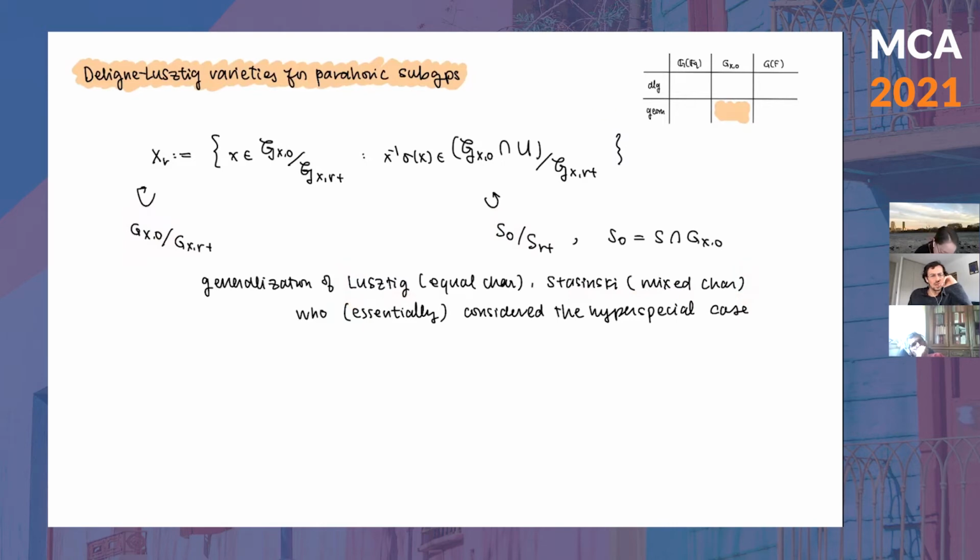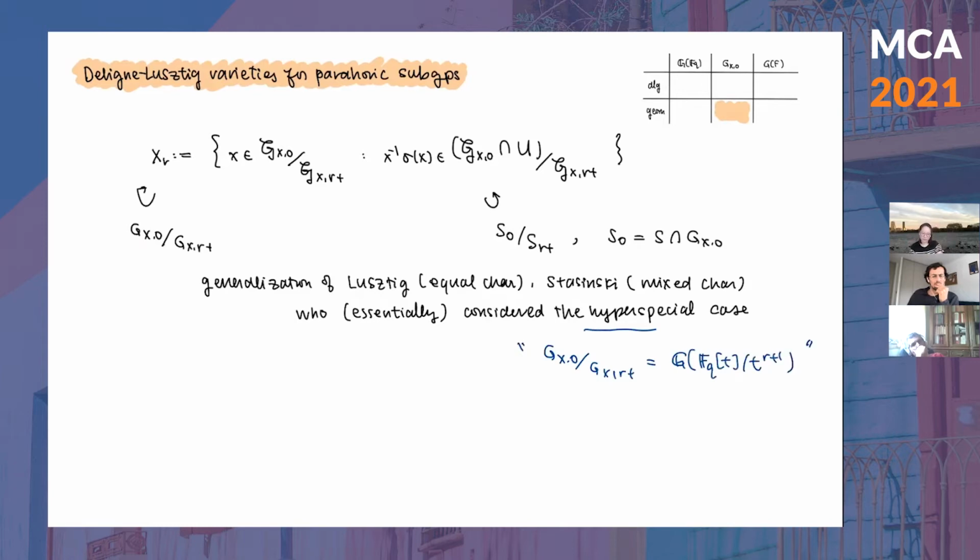And what I mean by that is this was in the setting where you had something like GX0 quotient by GXR plus was some reductive group evaluated at some finite ring, something like this.